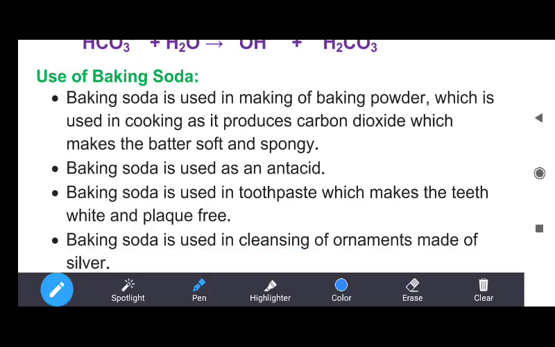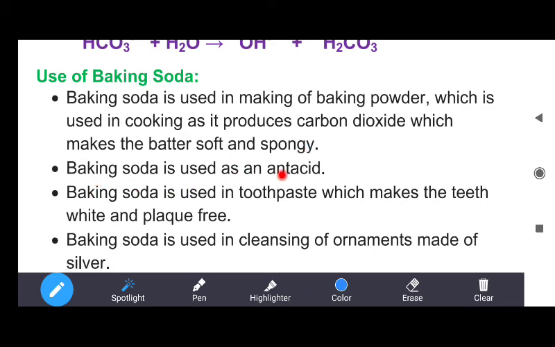After the chemical properties, we will always study the uses of the compound. What are the uses of baking soda or sodium bicarbonate? Baking soda is used in making baking powder, which is used in cooking as it produces carbon dioxide, which makes the batter soft and spongy.